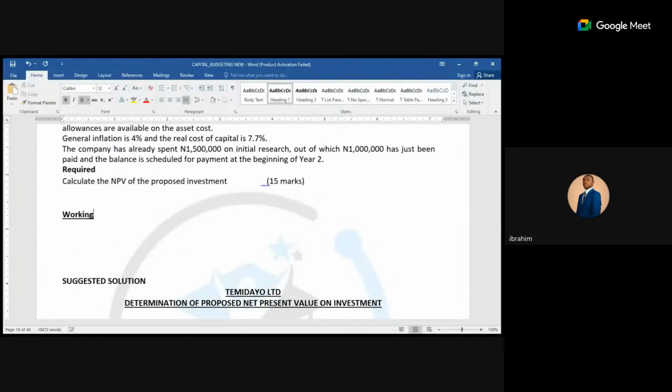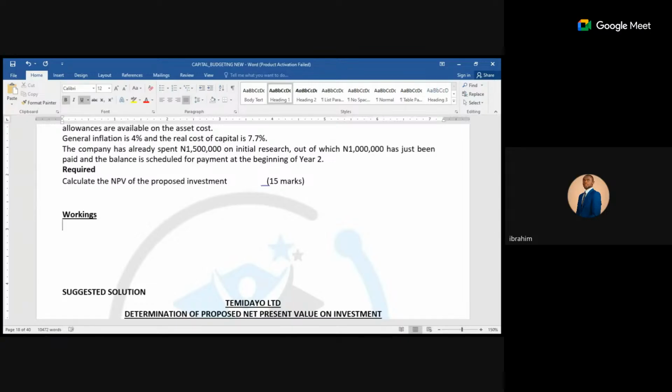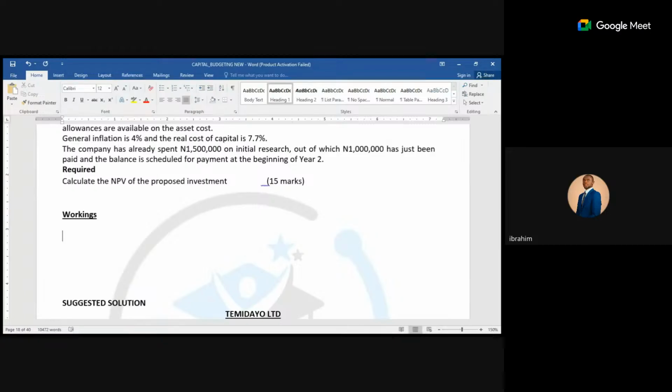So in the workings, year 1, sales. The first year is 30,000 units.